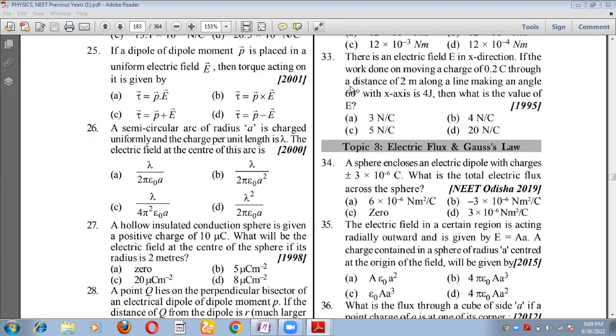Because the voltage is the product of current and resistance. Sorry, your voice is breaking. Can you say it again?